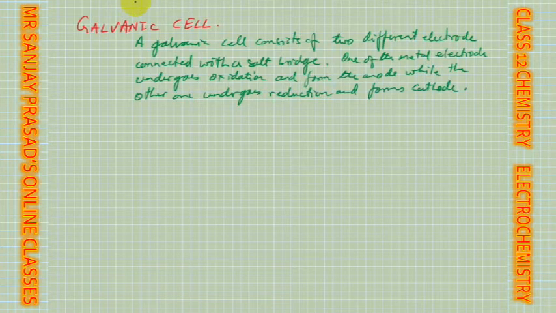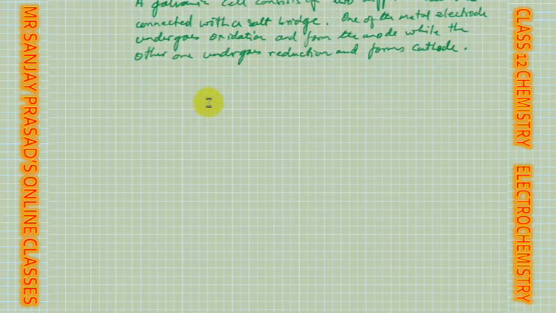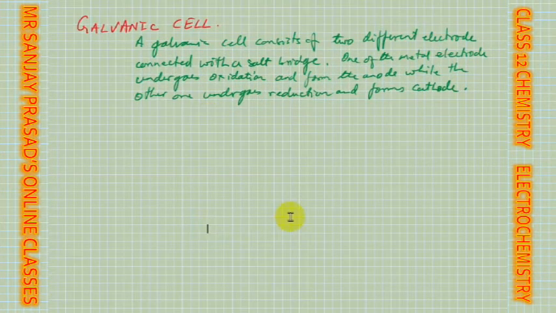So one is forming the anode, which is oxidized, and one is forming the cathode, which is reduced. Clear? So let's take a diagram and then see what this looks like. Okay, look here, two half cells. So I can represent it like this.